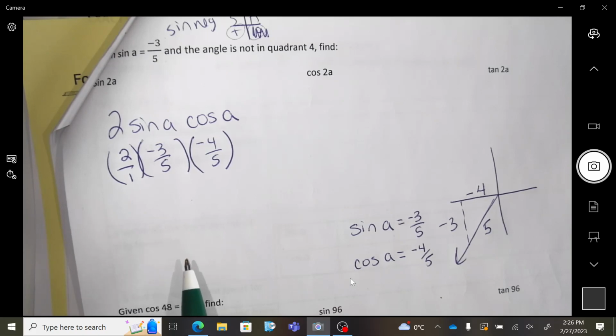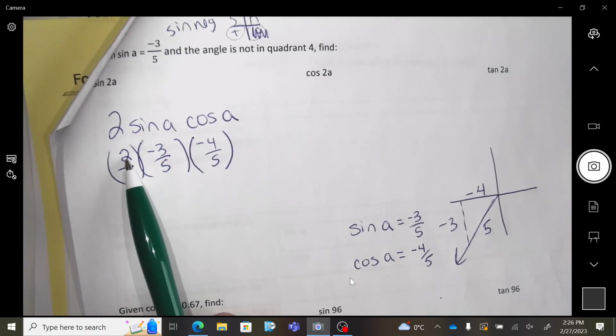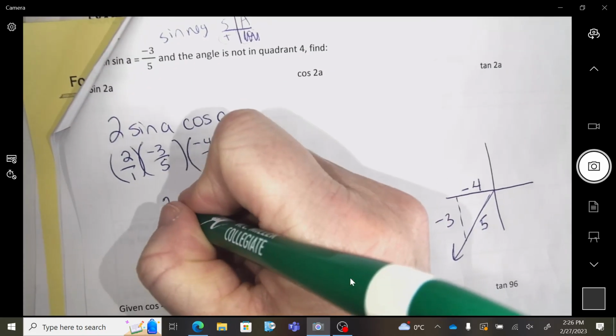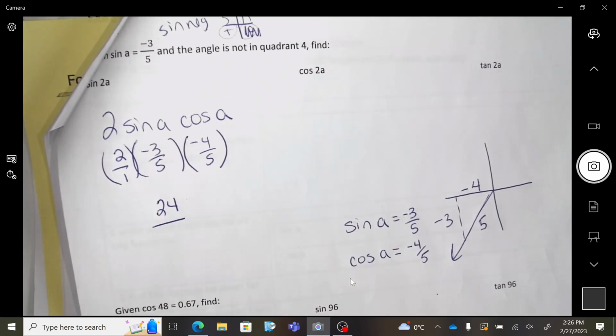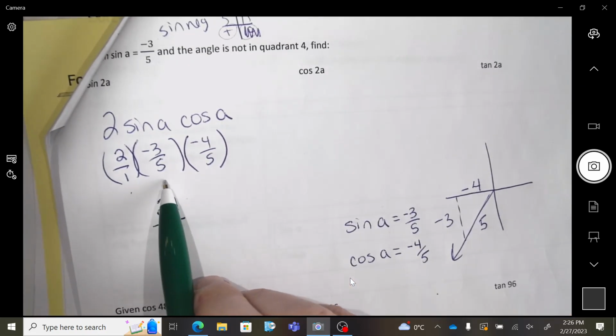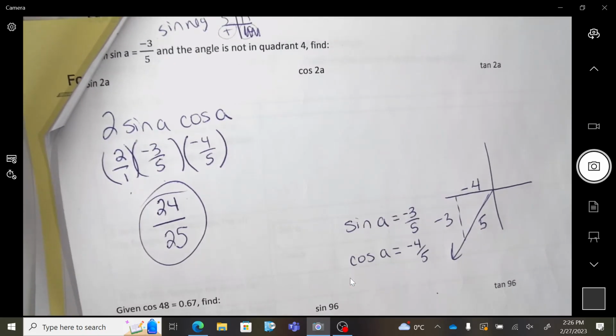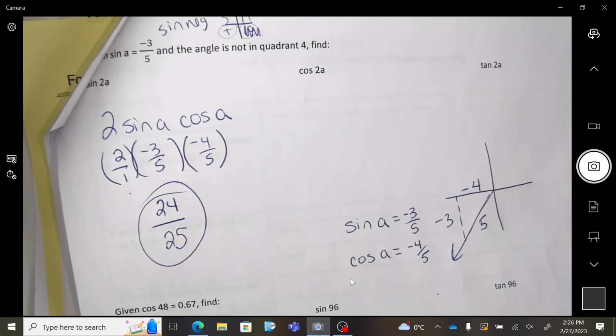Positive or negative top? Positive. What do you got? 24. Positive 24 over, what's the bottom number? 1 times 5 times 5 is 25. That's the trig value for the sine of the double angle.